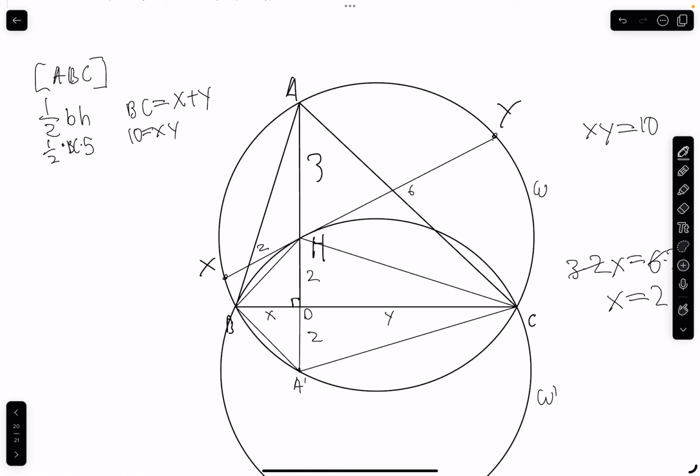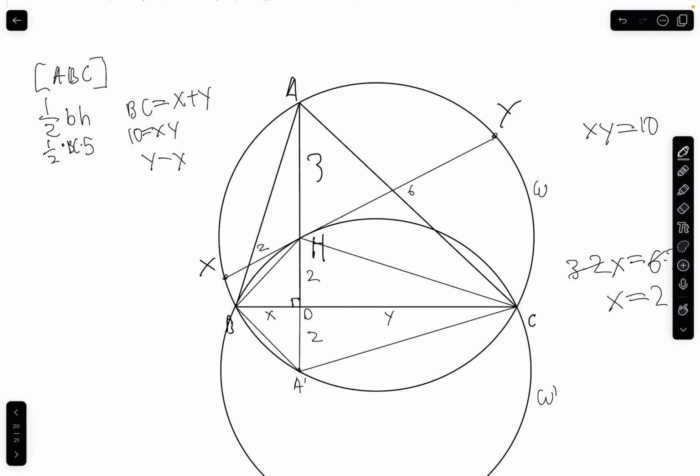So this might help us in finding BC, since y is completely dependent on x: y is equal to 10 over x. If we just find x, we could solve the problem. We could even solve the problem if we were to find, say, x minus y. Actually, since y is bigger, y minus x.